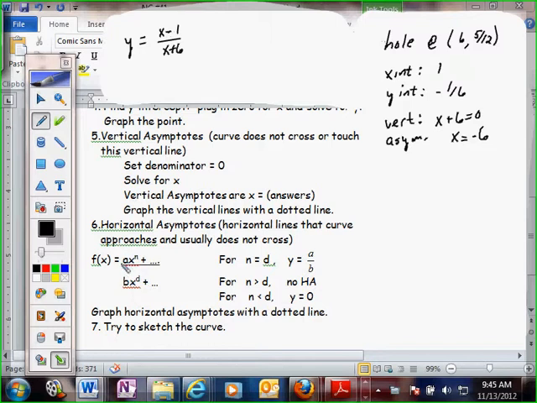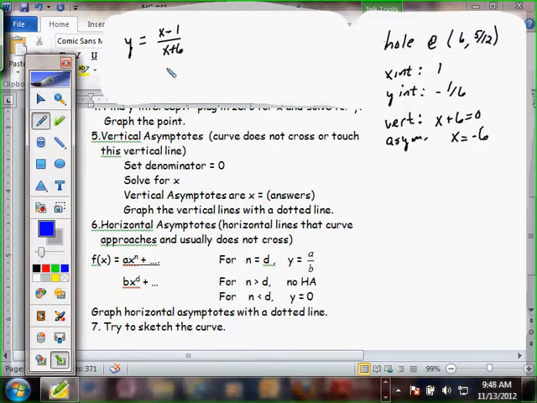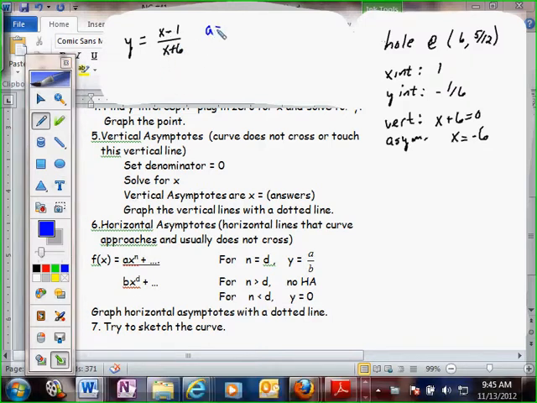Here a is the coefficient of x and n is the power of x. B is the coefficient of x in the denominator and d is the power of x. So let's break this down. Up here, hopefully you can see that a, the number in front of x, is 1.